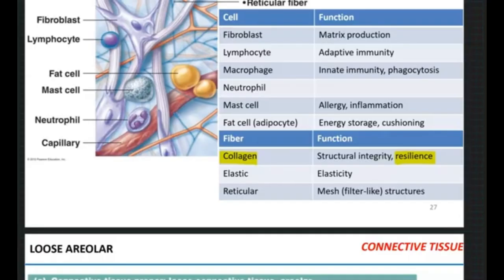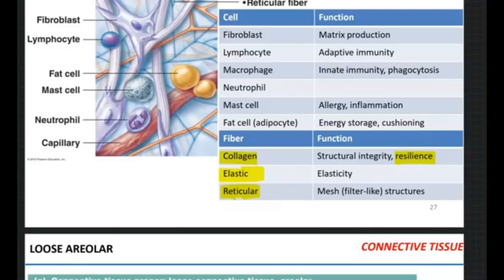It's insanely strong. Okay? Elastic fibers, that's revealing. They can stretch and recoil. And reticular fibers form a supporting mesh, just like a filter. Okay? All of these features will become important when we talk about individual tissues, right?